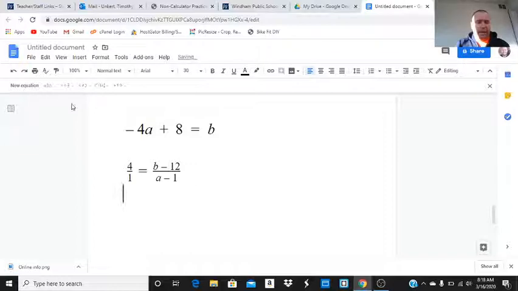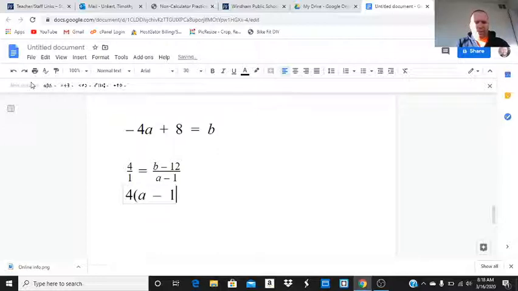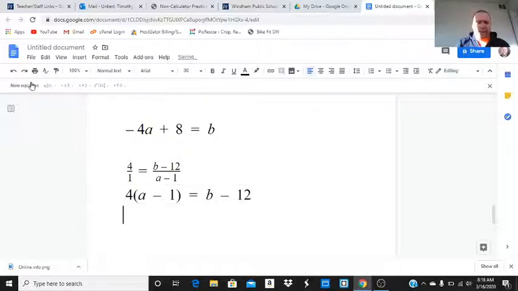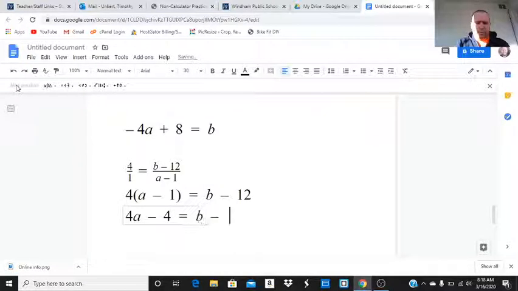So we'll get 4 times the quantity A minus 1 equals 1 times B minus 12, such as B minus 12. So working that out, we're going to get 4A minus 4 equals B minus 12.